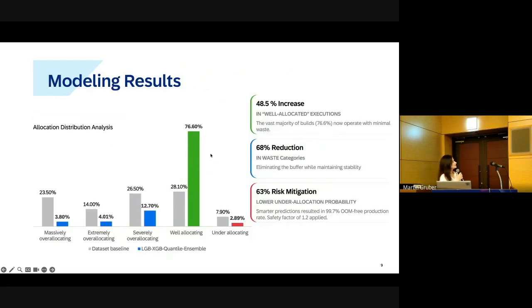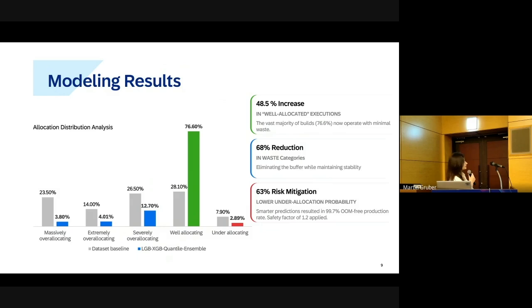And then to show you some of the modeling results, as you can see, the gray is the baseline data set. Most of our builds were in the over allocating zone. More than 60% of the builds were in the over allocating zone. Over allocating means more stale memory, more idle memory that we are not using, that can be utilized in other work, right? And after applying the ensemble of those two machine learning models, we got the difference of well allocating.